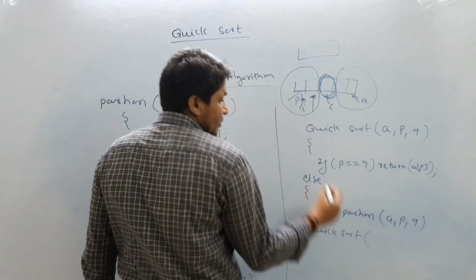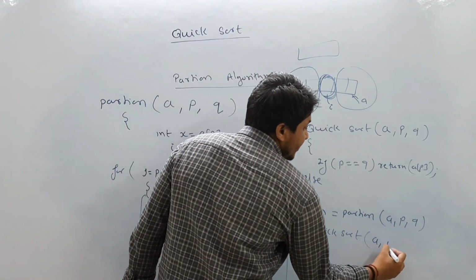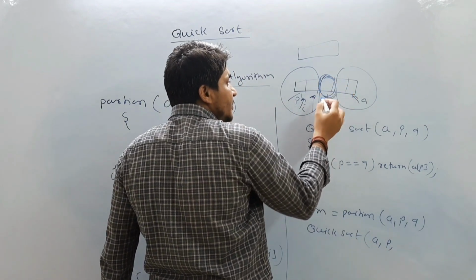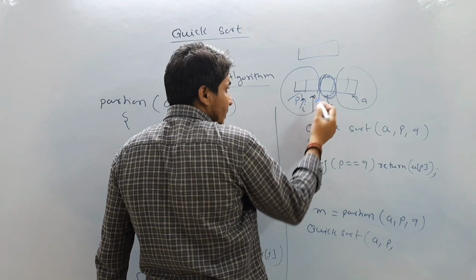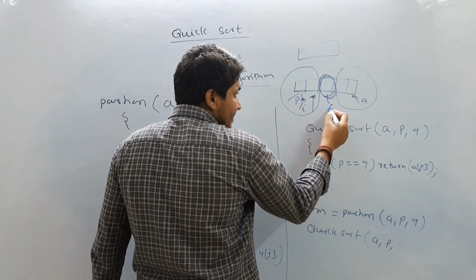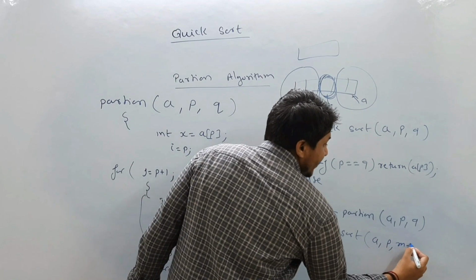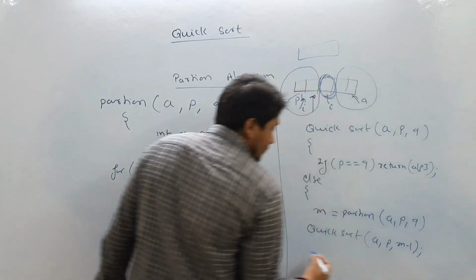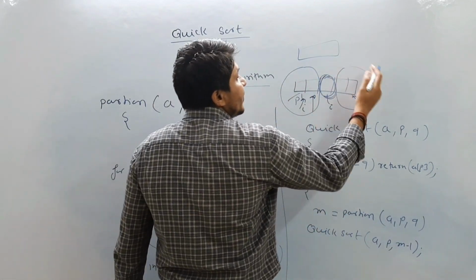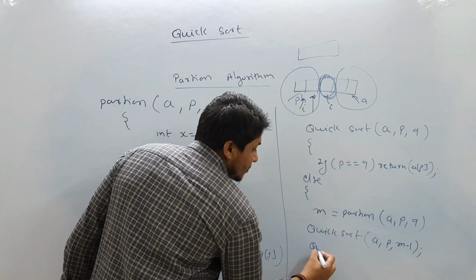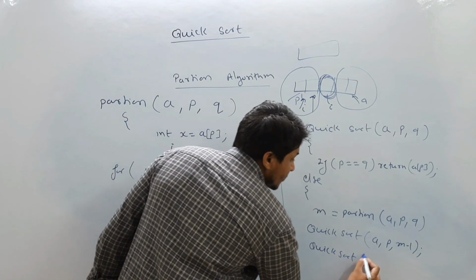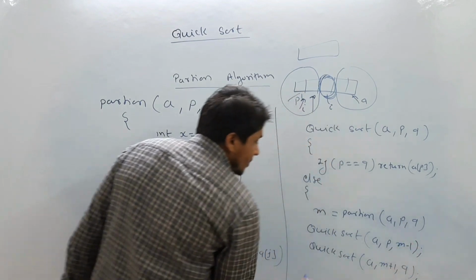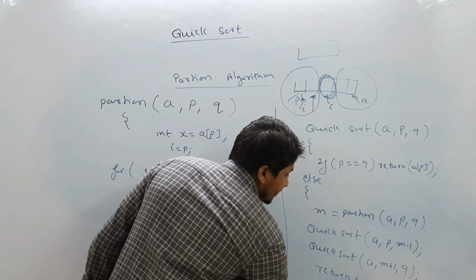Quicksort on the left: A is the input, P is the starting index, and because the pivot element is already in its correct position, the last index would be m minus 1, since I stored the value of I in m. Again, I apply quicksort on the right hand side: quicksort A, m plus 1, Q. Finally I return the sorted array.